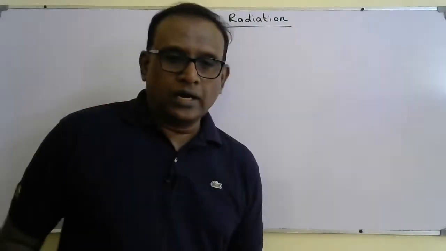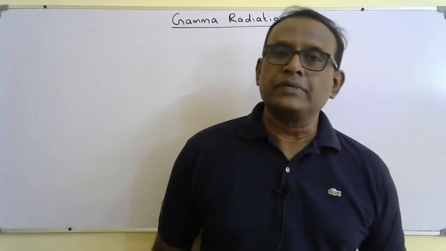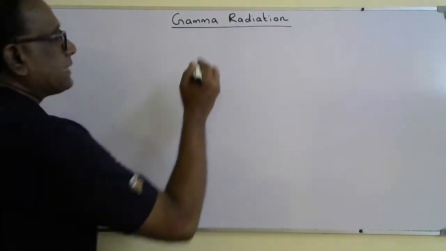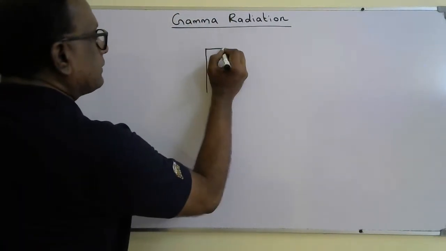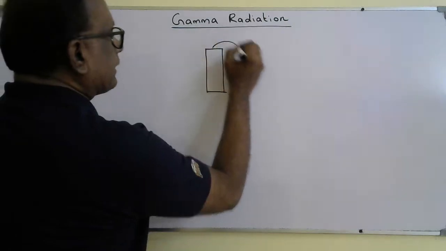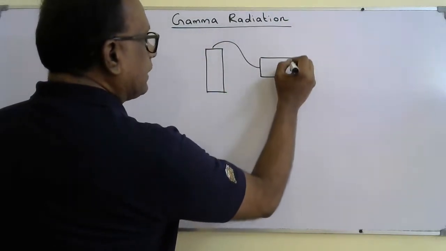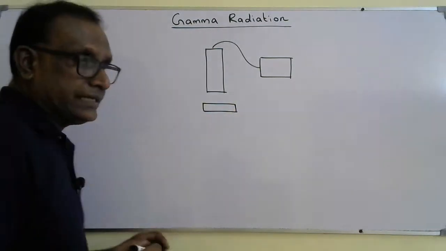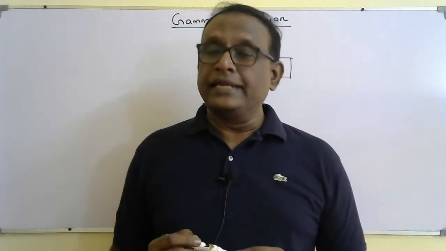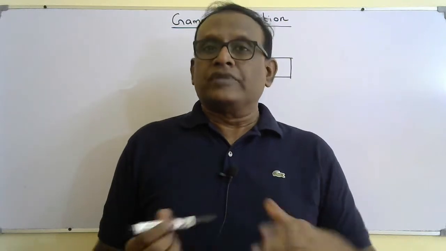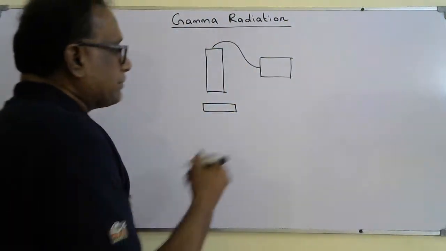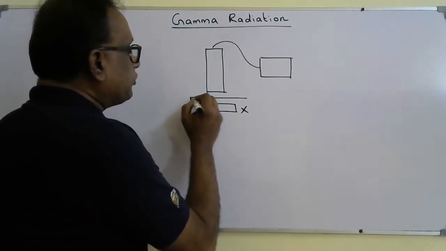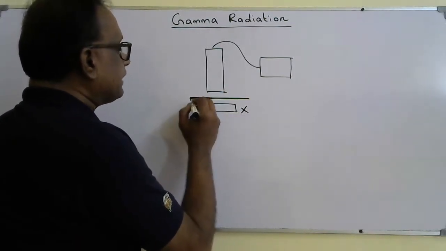Okay, so next, how to confirm a sample is emitting gamma radiation. That is very simple. In the same way, complete the setup like this: Geiger-Müller tube connected to the Geiger-Müller counter. Keep the given sample. I already told you how to detect alpha and beta minus. To confirm whether the given sample is emitting gamma radiation, directly keep a few millimeter thickness of aluminium sheet.